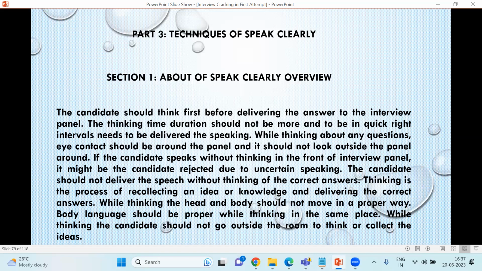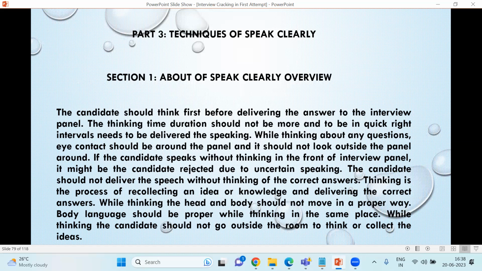Your eye contact, body language and body posture should be perfect while entering the room and during the interview. Your eye contact should be around the interview panel to show your confidence and willingness to get the job in this organization.